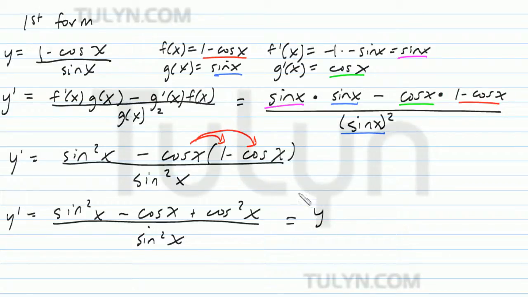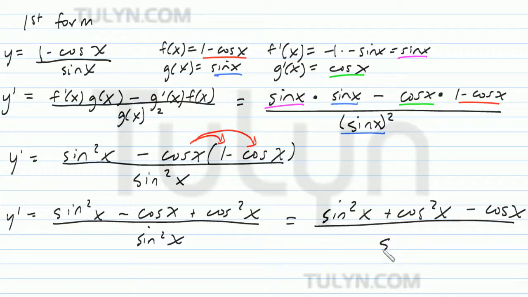If we rearrange this, if we put sine squared and cosine squared next to each other, it's going to be that trig identity. All I'm doing is regrouping right here.